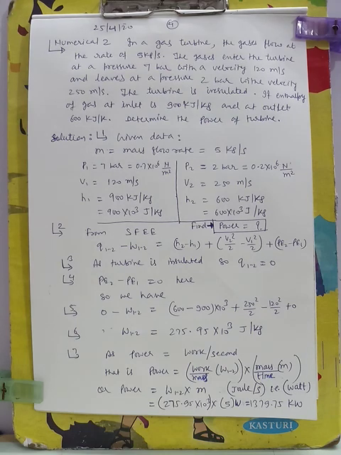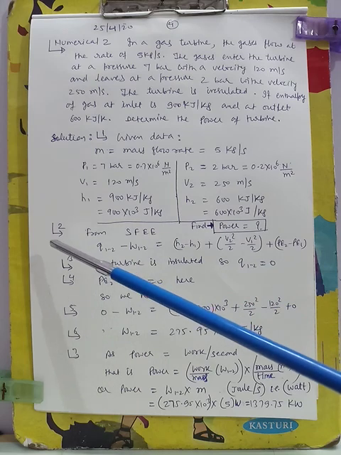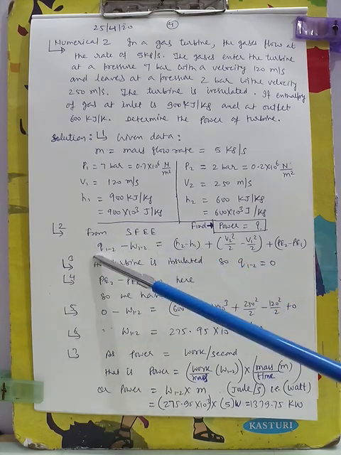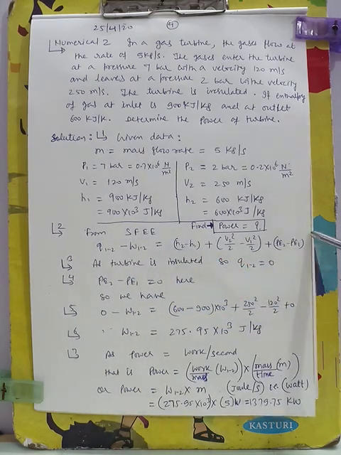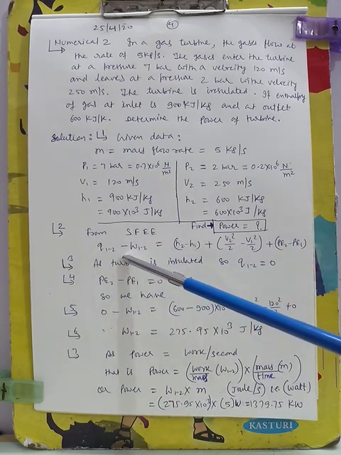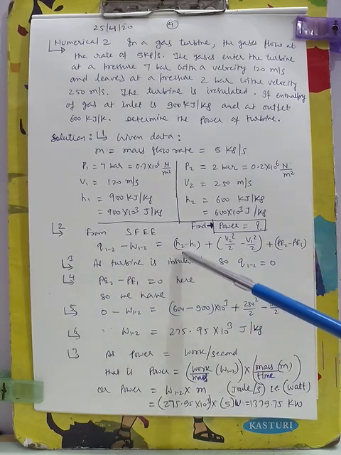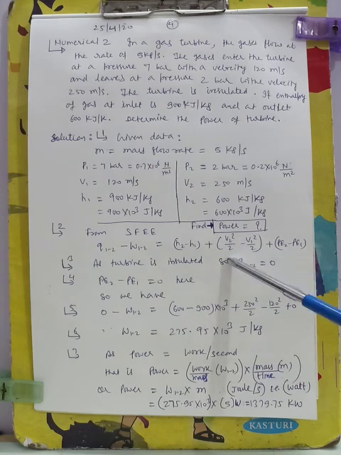So we will have to do some extra things here. Let us see. First, step number 2, I am writing here the steady flow energy equation in this format. Q12 minus W12 is equal to H2 minus H1 plus V2 square by 2 minus V1 square by 2 plus PE2 minus PE1.